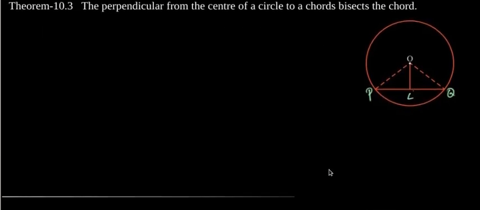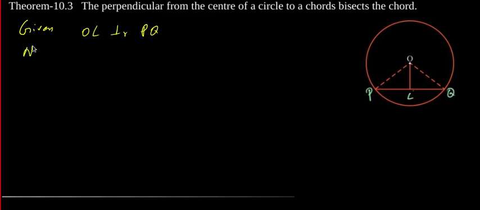Next, the perpendicular drawn from the center of the circle to the chord bisects the chord. Given is OL perpendicular to PQ.